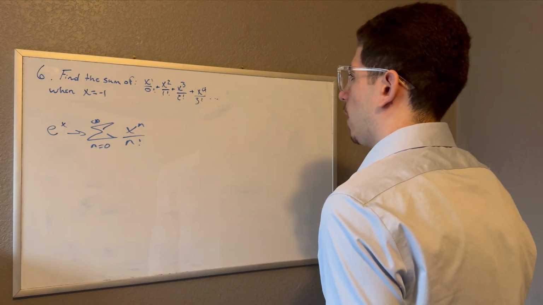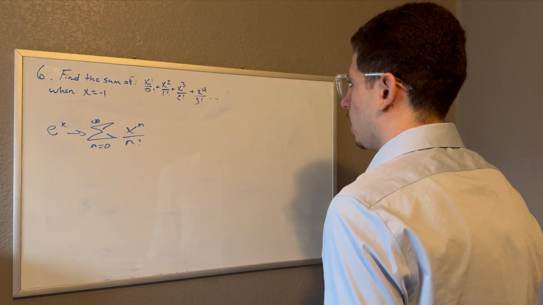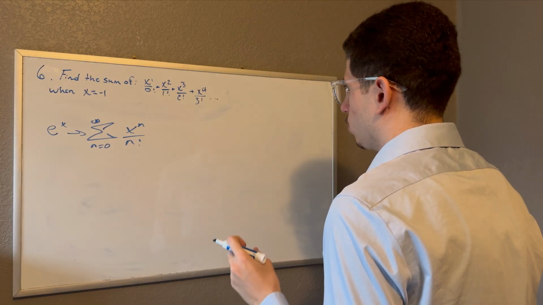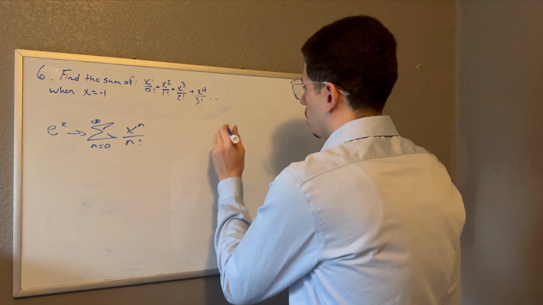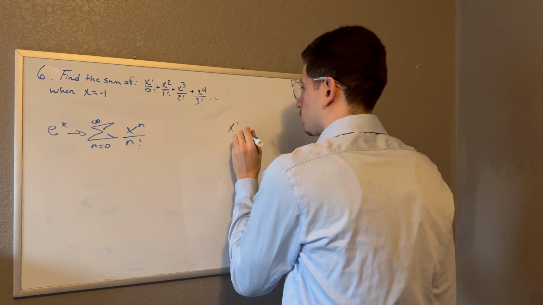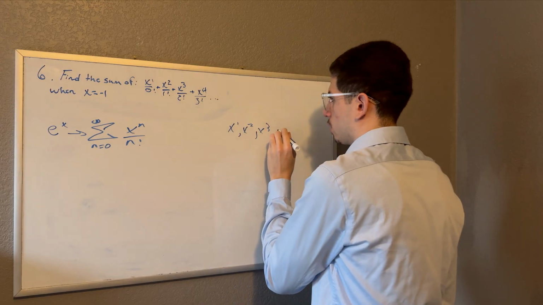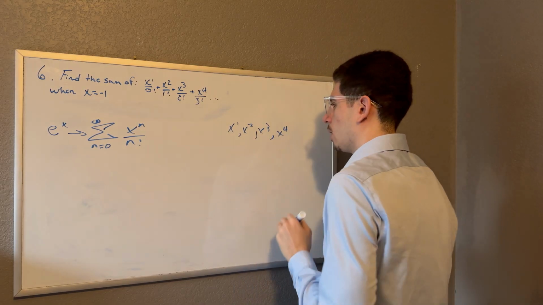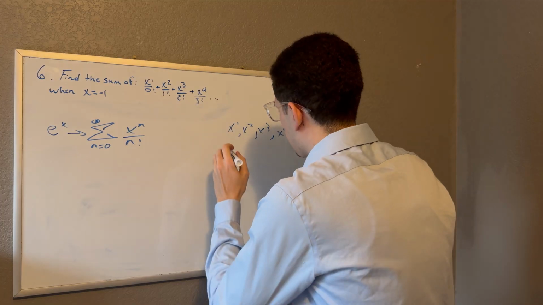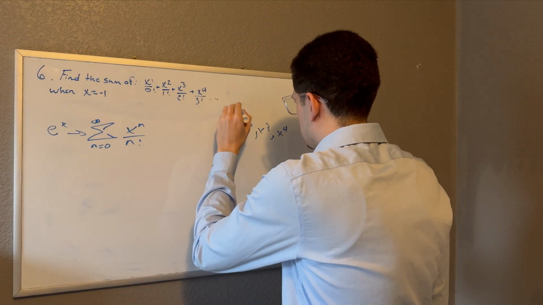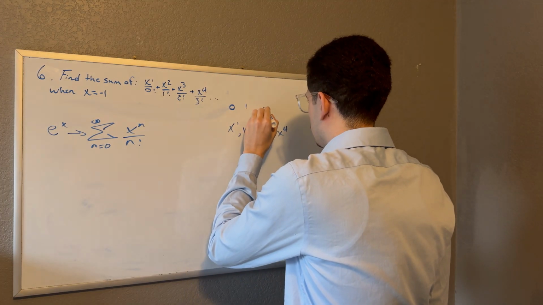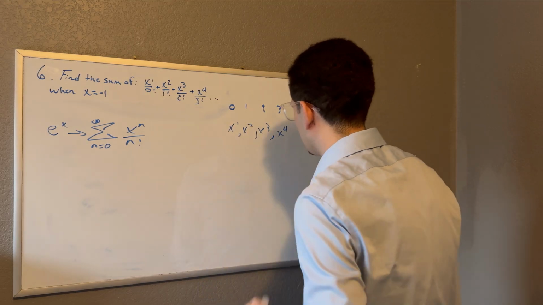Now, we could find it by doing a different way of approaching it, which would be doing the top first: x1, x2, x3, x4. We do the top first, and we know it begins at 0, 1, 2, 3.